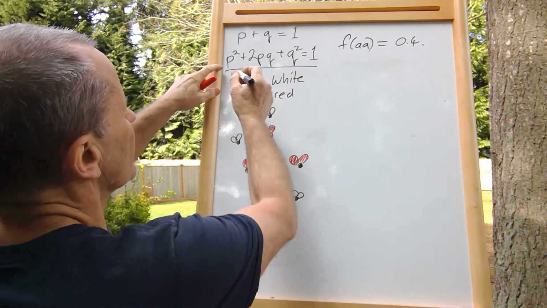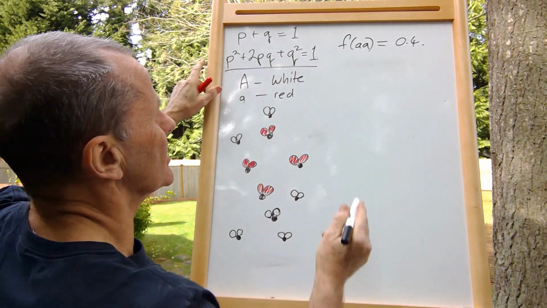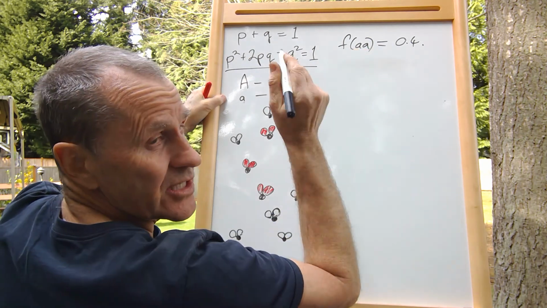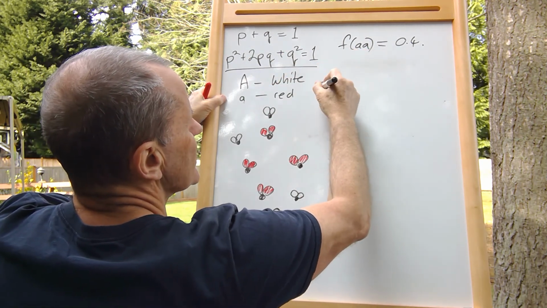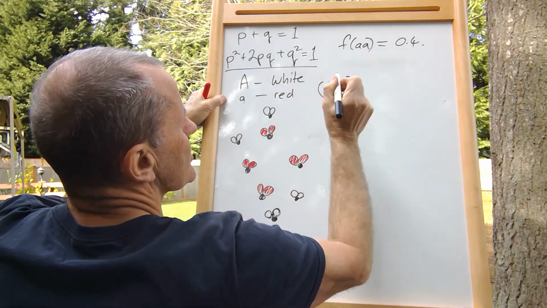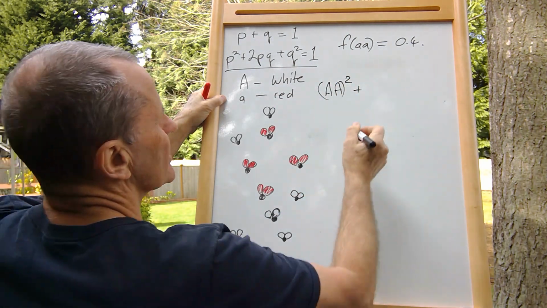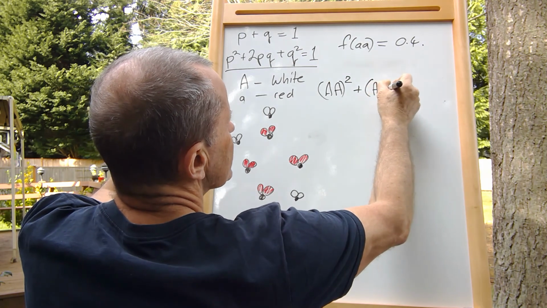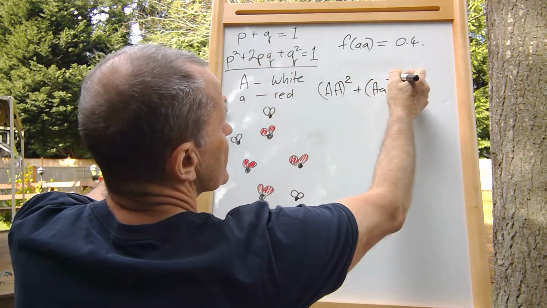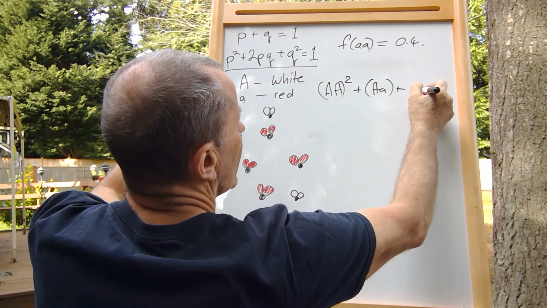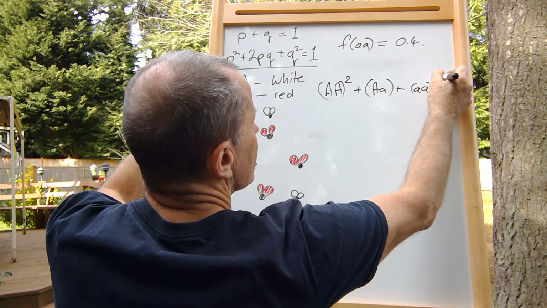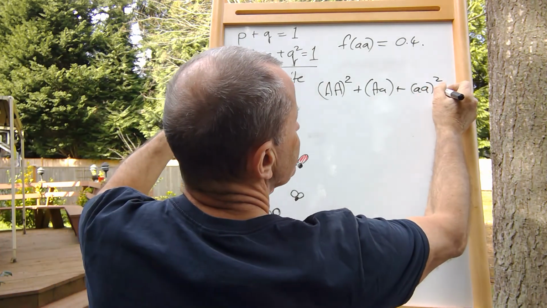So remember, this equation, if we rewrite that using these alleles, then it's the frequency of homozygous dominant squared plus the frequency of these, and remember that's 2 of those, plus the frequency of these, equals 1.